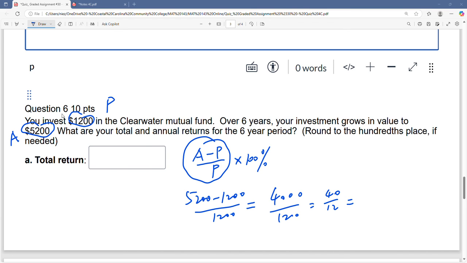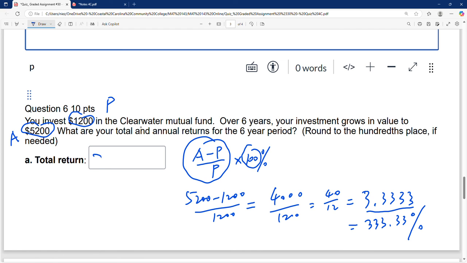Just use 40 divided by 12, or you can use 4,000 divided by 1,200, the same thing. You get 3.3333. Why keep so many threes? Because we're going to convert this to percentage, so you're going to times this number by 100. That gives 333.33%.